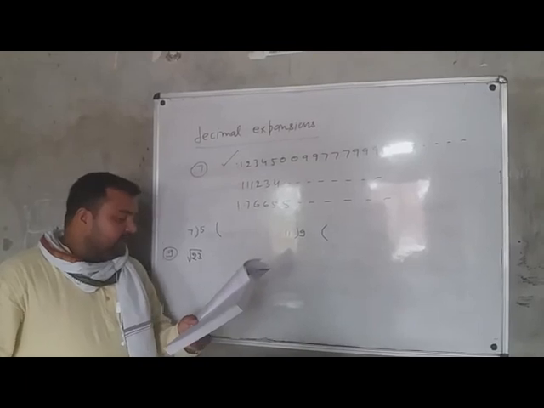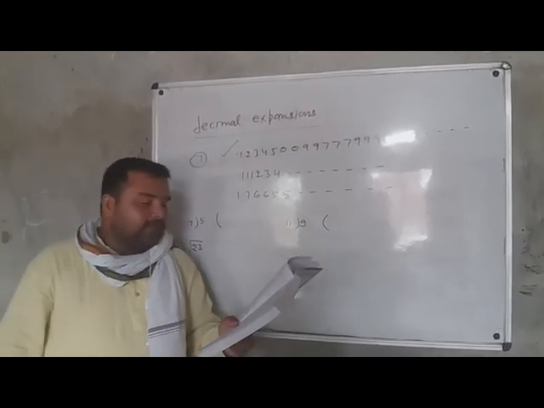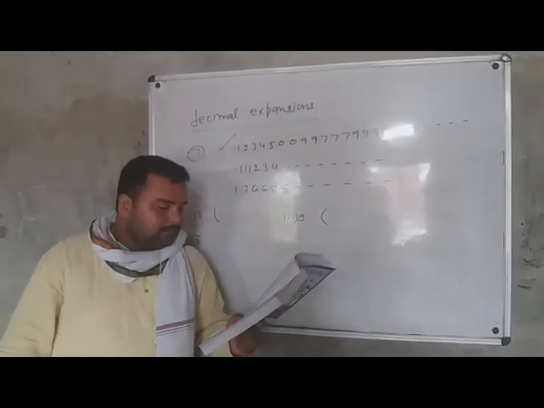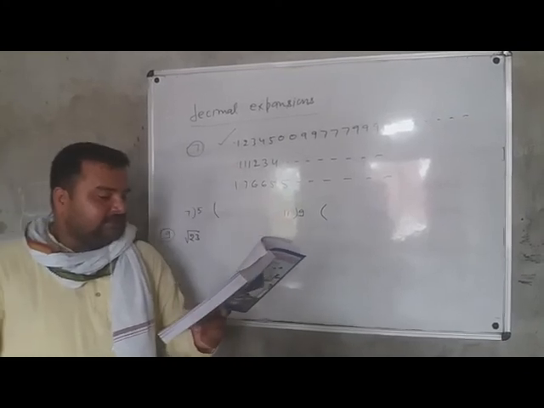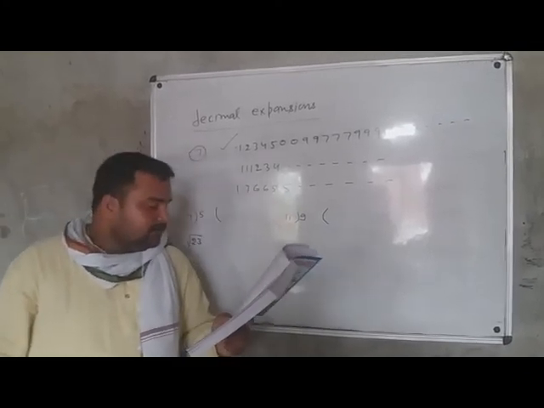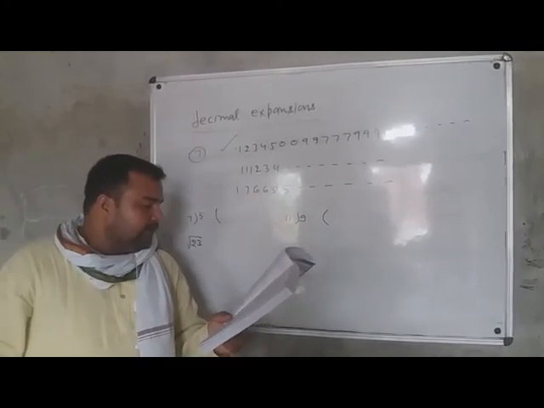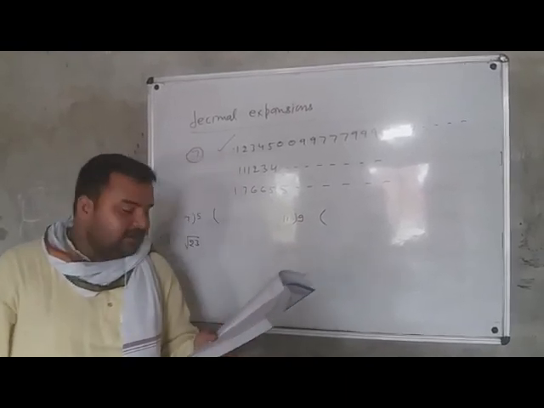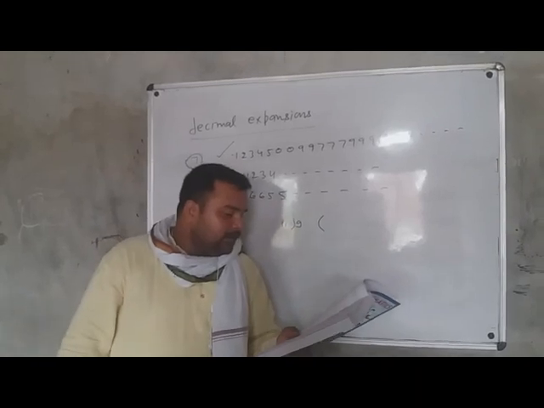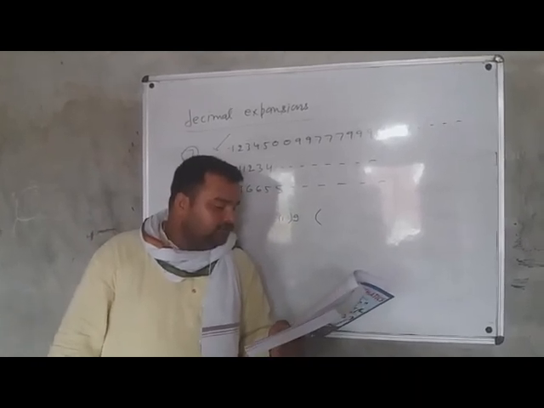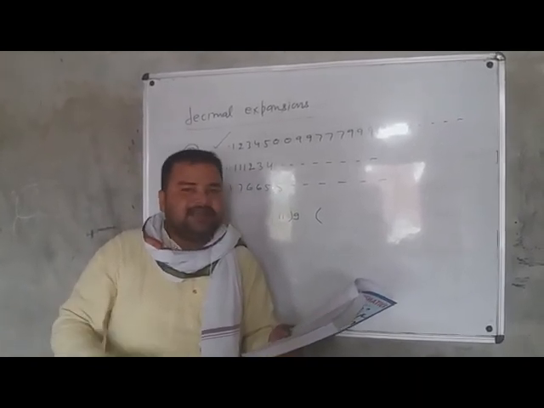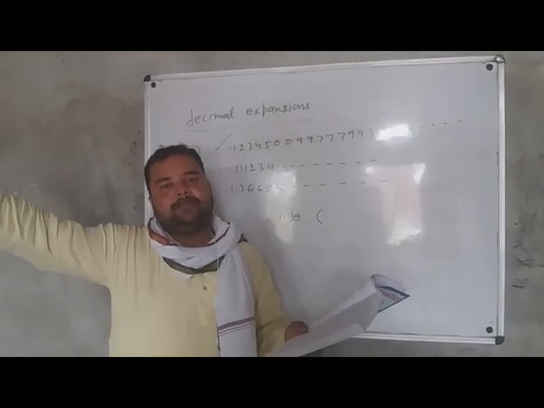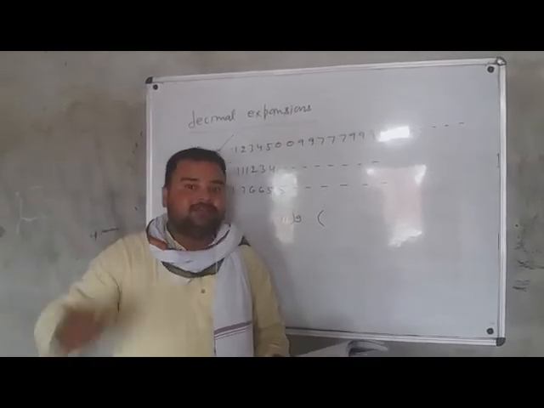Similarly, root 225, it is a rational number. 0.3796, it is a rational number. 0.478478, it is repeating, so it is also what? Rational number. And 1.101001 with 4 times 0, it will keep coming. So it is what? Irrational.